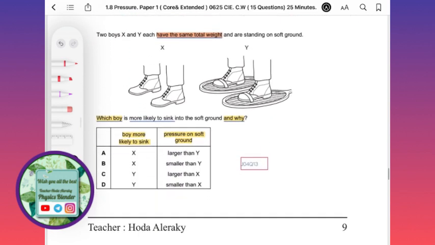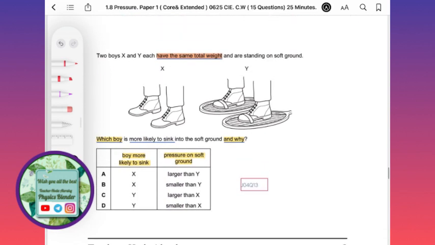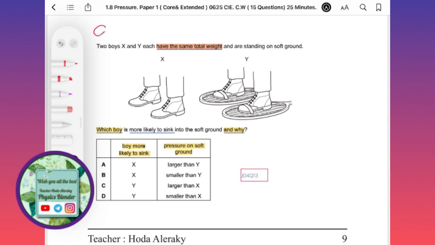The last question we have today, question 15. 2 boys X and Y have the same total weight. So back to our equation again, pressure is equal to force divided by area. The force here, the weight of the boys, is the same, which is constant. Which boy is more likely to sink into soft ground, and why?